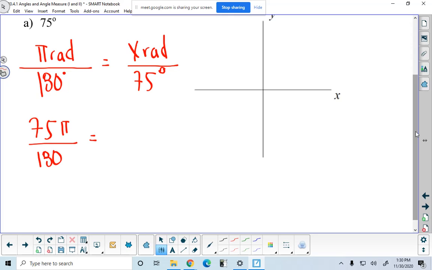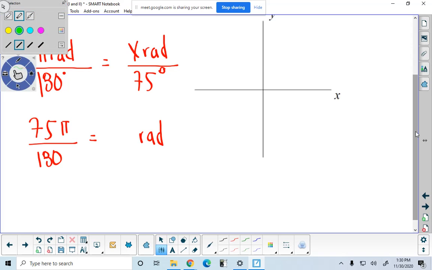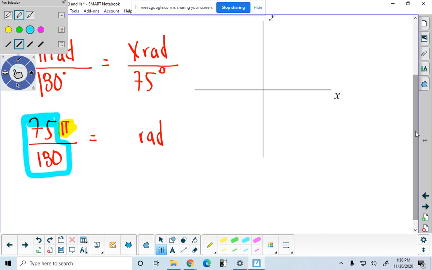This is equal to the angle in rads, and we want to calculate that. But since pi is irrational, we don't want to bring in a whole bunch of infinite decimals into our answer. We need to take 75 divided by 180, and we need to figure out what that is in lowest terms.